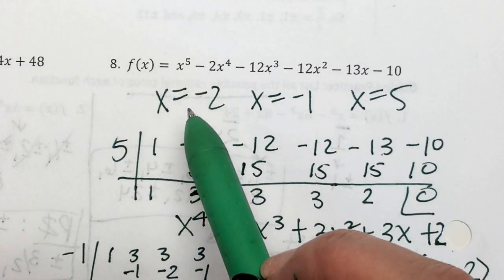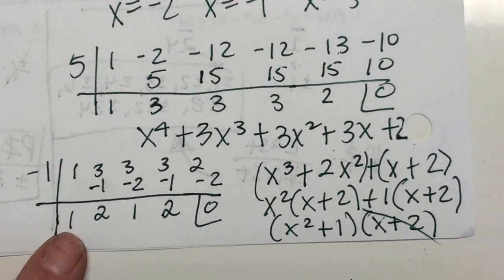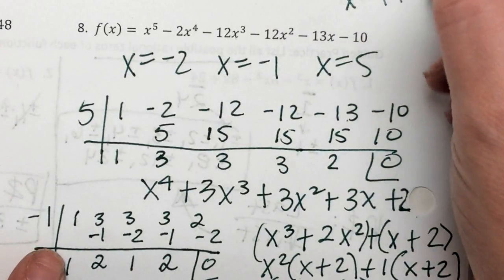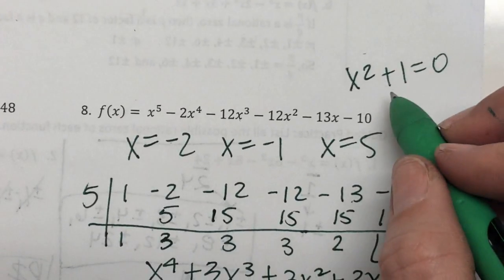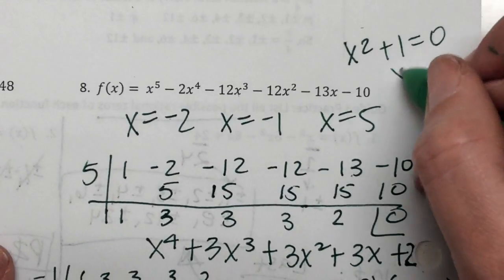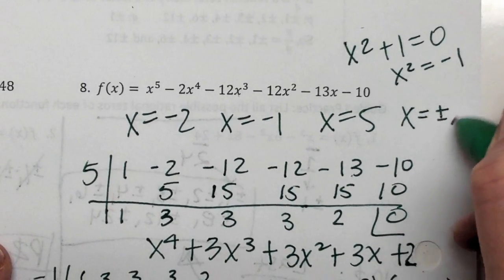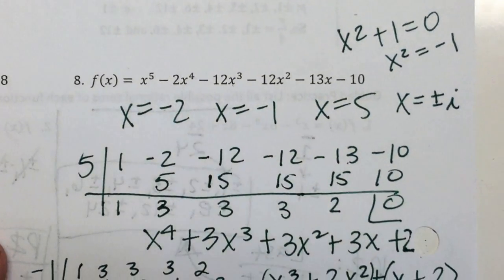We already knew that though. We already have that one. So you can mark that one out. You just have to set this one equal to 0. X squared plus 1 equals 0. I'd have to do what? Subtract 1 and x equals. Very good. There's our 5 answers.